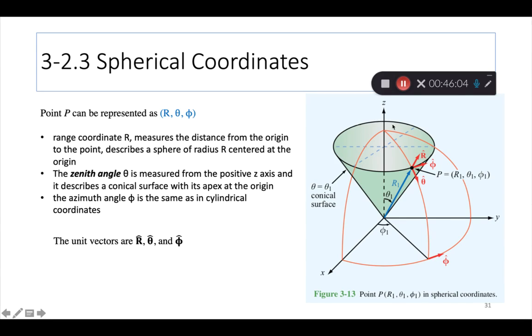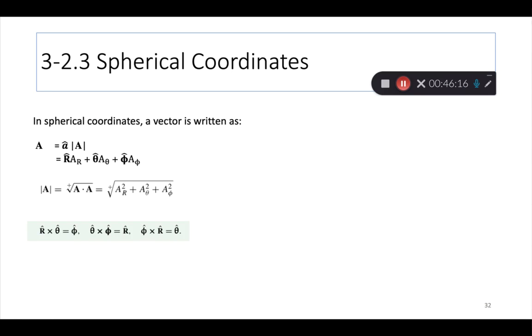And this forms a conical surface. The unit vectors are now shown as big R hat, theta hat, phi hat, okay? So these are the three important systems that we have to study.